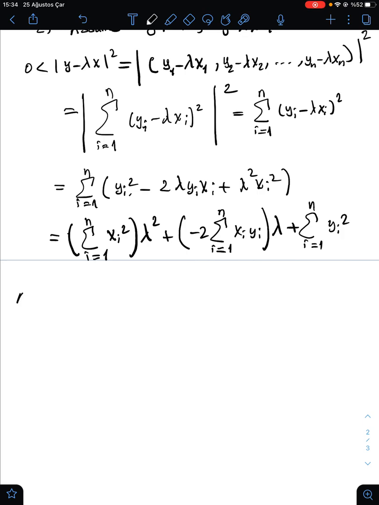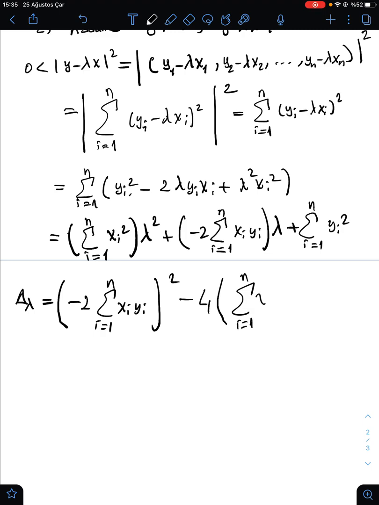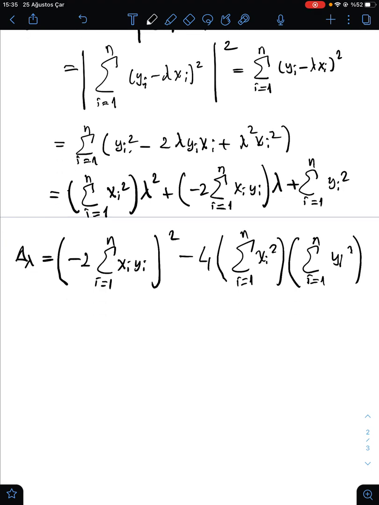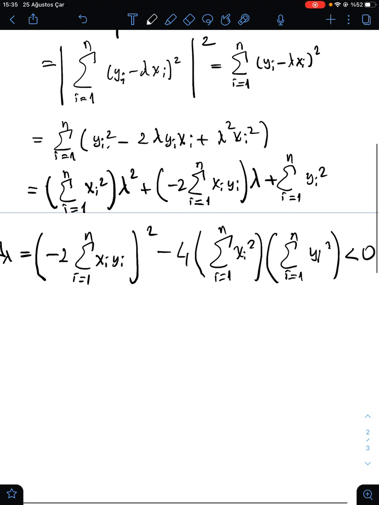So the discriminant in lambdas is b squared, the sum of xi yi, squared, minus 4a c, where a is the sum of xi squared and c is this one. It should be less than 0.